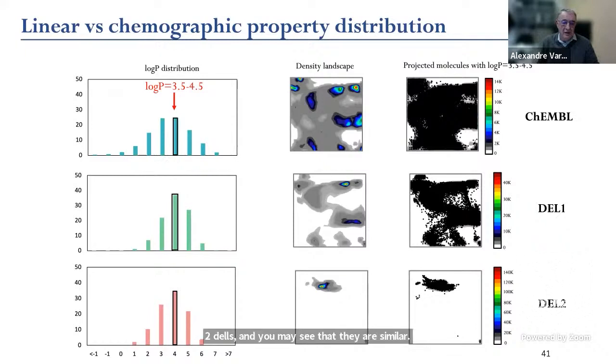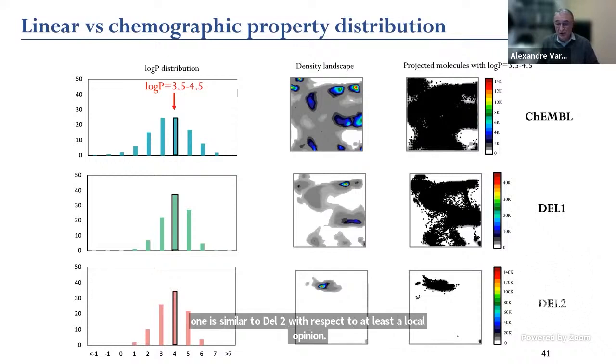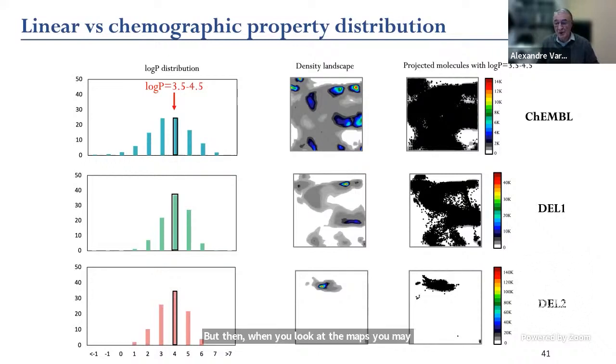They have a peak roughly at logP equal to 4. And you can draw a conclusion that DEL1 is similar to DEL2 with respect to at least logP. But then when you look at the maps, you may see that the data distribution in chemical space is completely different in DEL1 and DEL2. So you may ask whether these histograms give you relevant information.